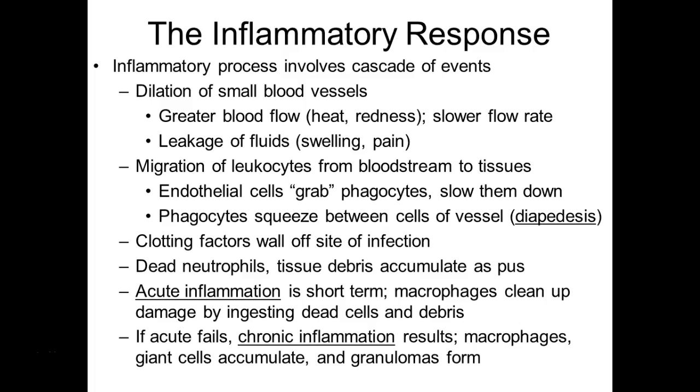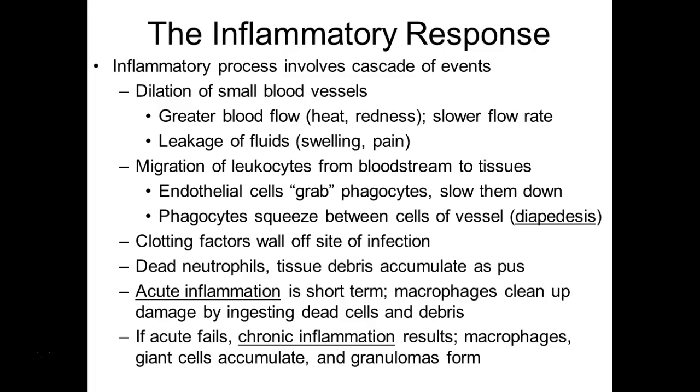And again, as I said, that increased blood flow is actually going to be why it's hot and red. Even though the blood flow is going to be increased to that area, because of the dilation of the blood vessels, it'll be at a slow rate. Right? So it's not moving very fast as compared to under normal conditions. And under those conditions, of course, the leaking of the fluids results in the swelling and the pain.